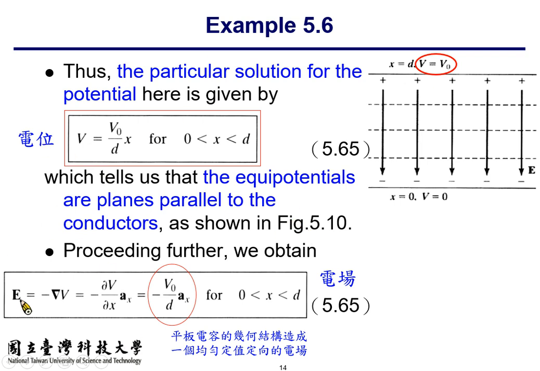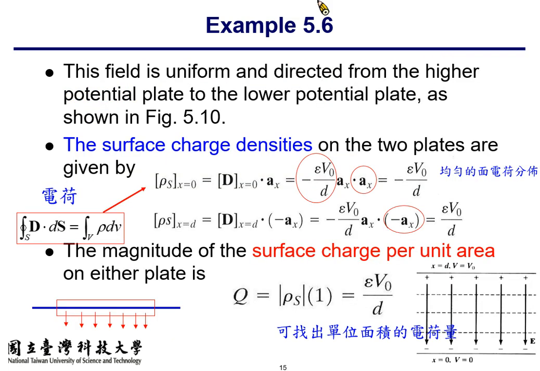And you can also find the relationship between voltage and electrical field intensity. Taking the gradient of V and taking the negative sign, you end up with the electrical field intensity expression. What is the implication of the minus sign here? It's pointing downward. The E field is pointing downward.